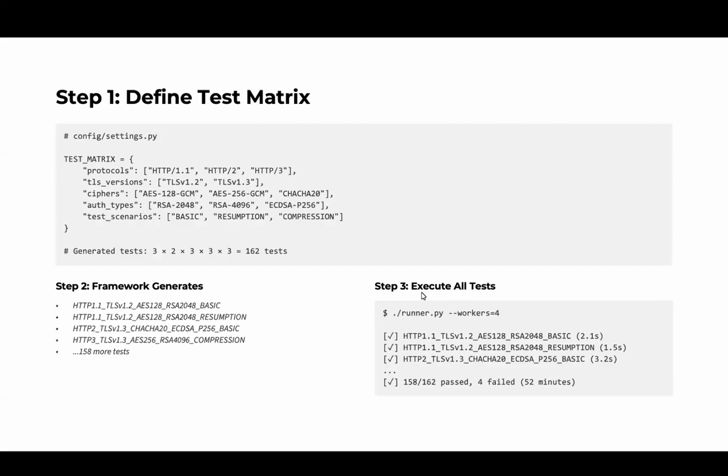And the test case names can be helpful. Let's say if it failed, then the name itself can tell you which particular test failed. Let's say the third one tells you, oh, this is HTTP/2 and it's with 1.3, it's using this particular cipher, it's using ECDSA, it's using this particular key share, and it's just a basic test, right?